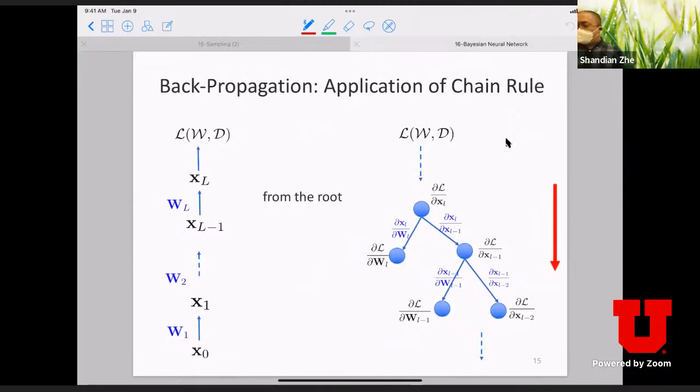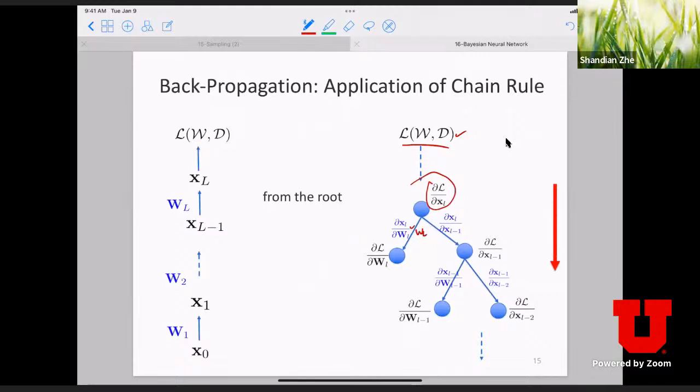Right? So suppose this is a loss. The way to conduct backpropagation is that, okay, this is my neural network. I'm going to first compute the partial derivative of the loss with respect to the output, the output neuron, right? And then we compute the partial derivative of the output neuron with respect to the edge weight in the last layer, which is WL, right?